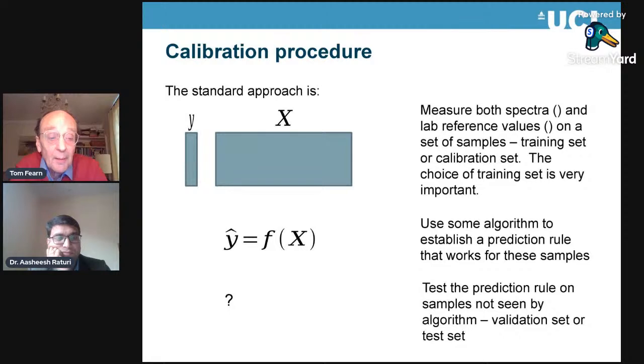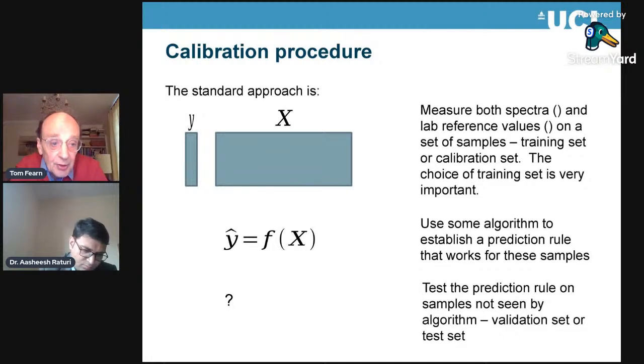They carry information about the whole composition and some of the physical properties of the sample. But that means that you really have to be able to disentangle that from all the other properties that you're not interested in. And so you need a training set where not only there's variability in the thing you're interested in represented, but also variability in all the things that might interfere with it.